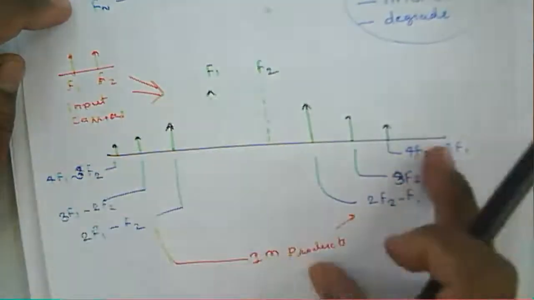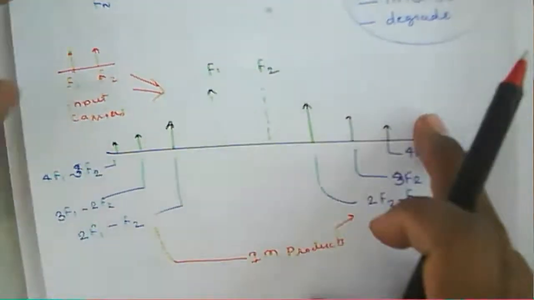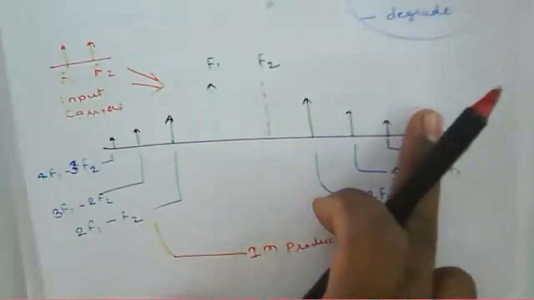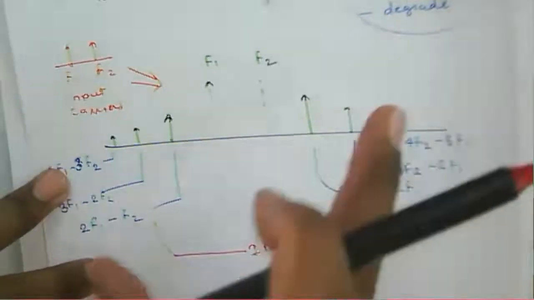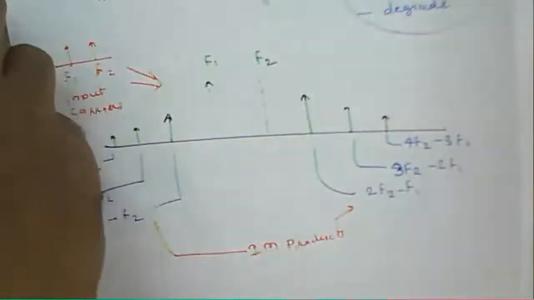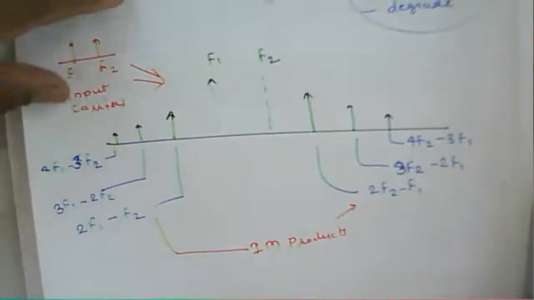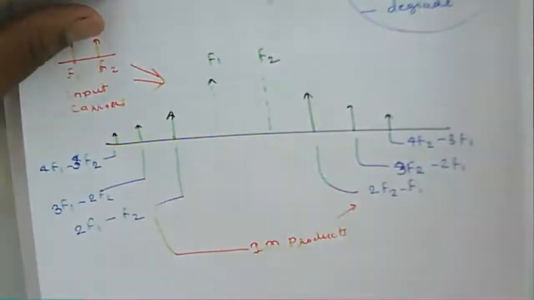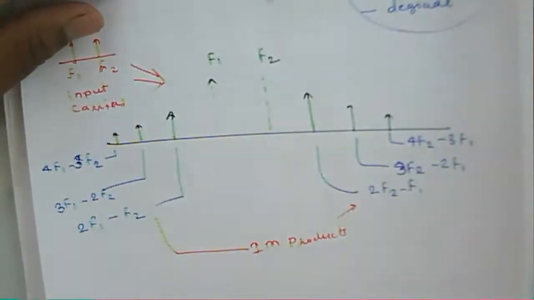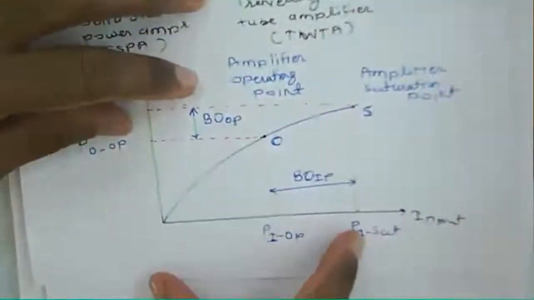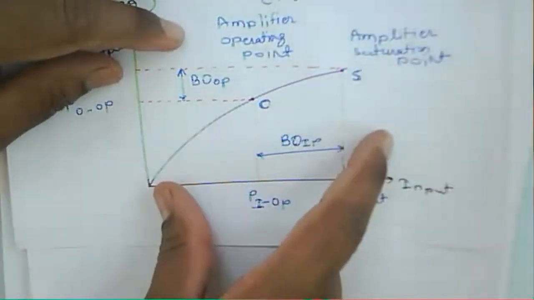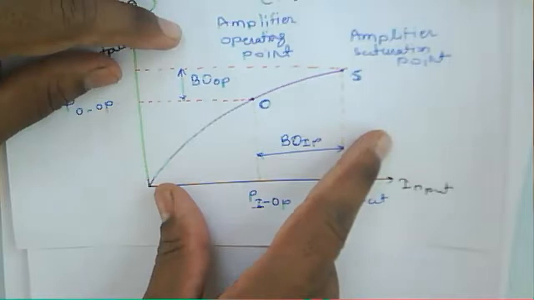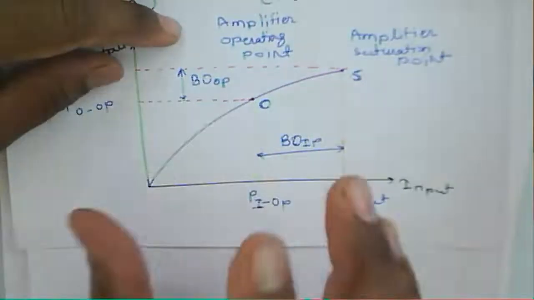Now to avoid this generation of IM products, we need to see that the amplifier is to be operated in the linear region. To avoid those IM products, we need to see that the amplifier is to be operated in the linear region.